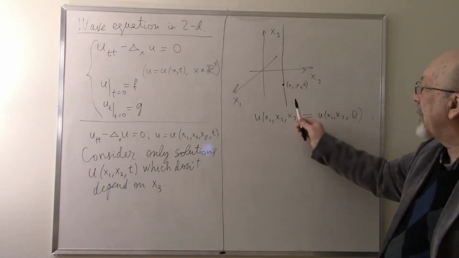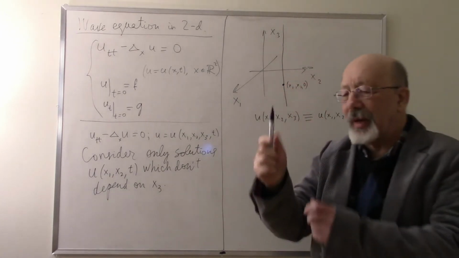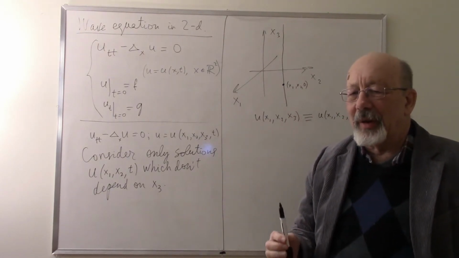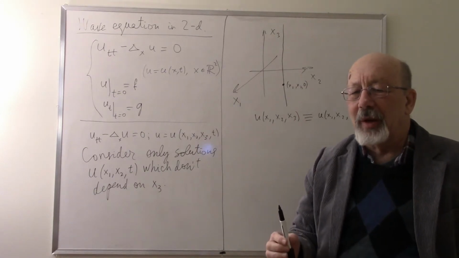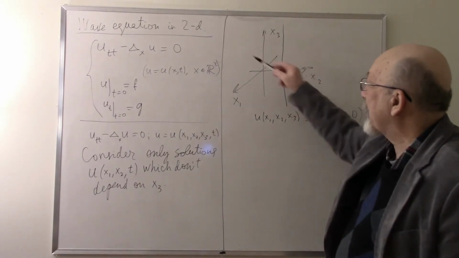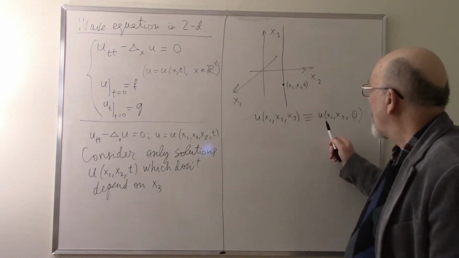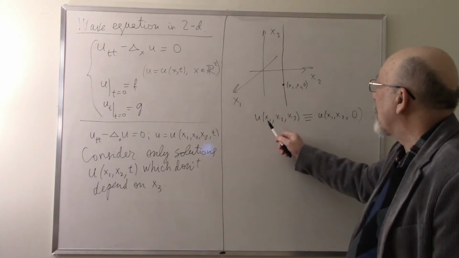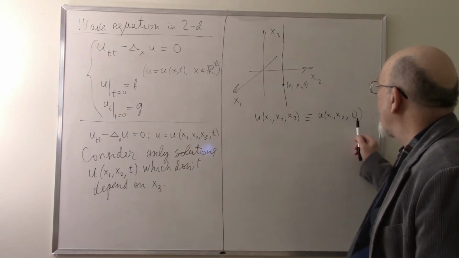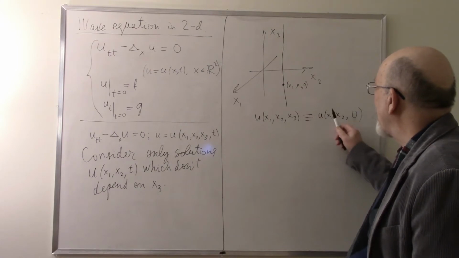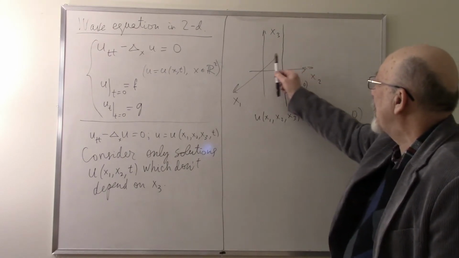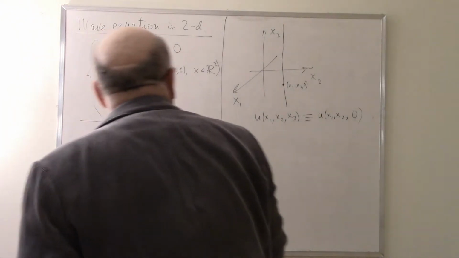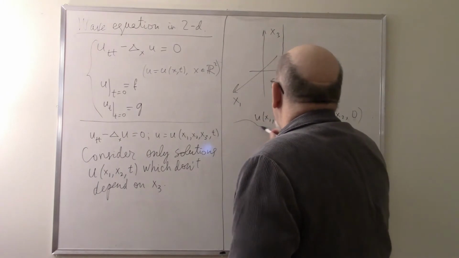So it looks like a cylindrical function. The surfaces where this function is constant are cylindrical surfaces. If you draw the surface u of x1, x2 equals constant, then it will be a cylindrical surface.